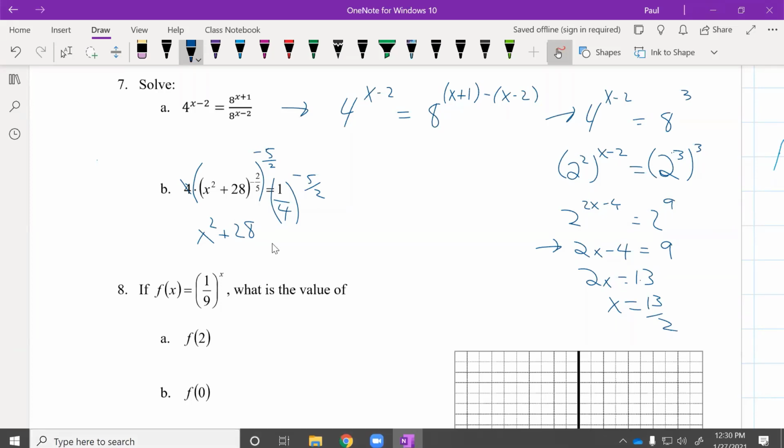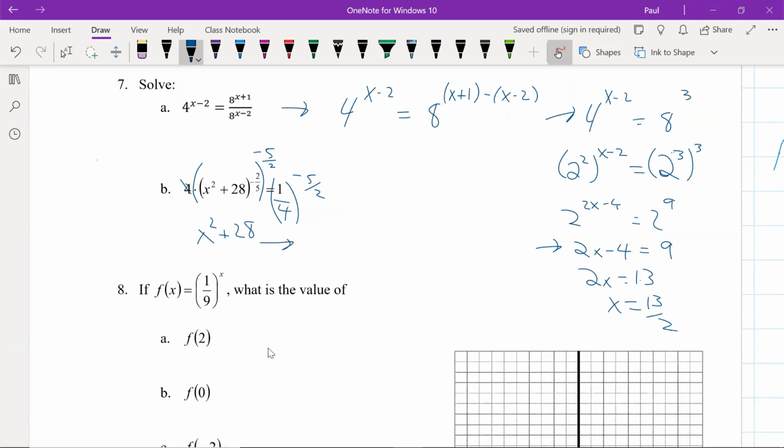I'll give you a hint. We have a rule that says you can flip the fraction and change the sign, right? So I'll do this. Right? You can flip the fraction, change the sign on the exponent. And then you usually take the root and then the power, right?